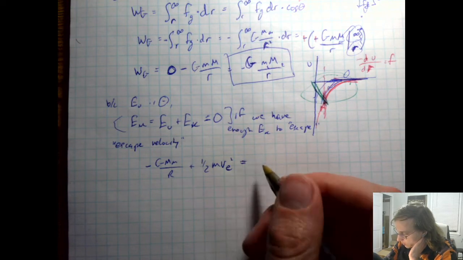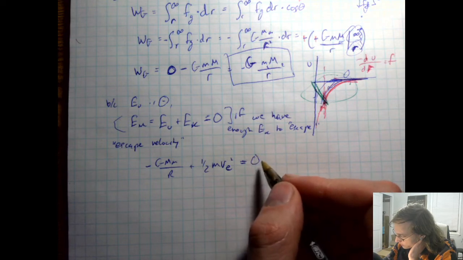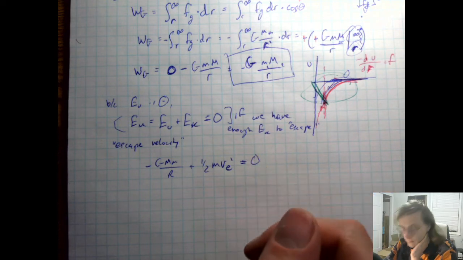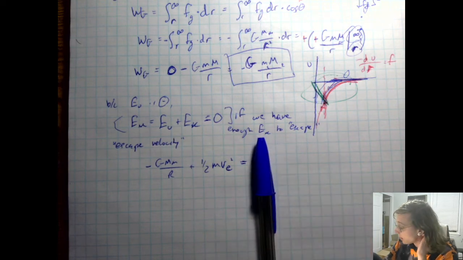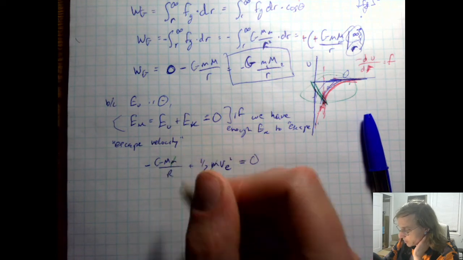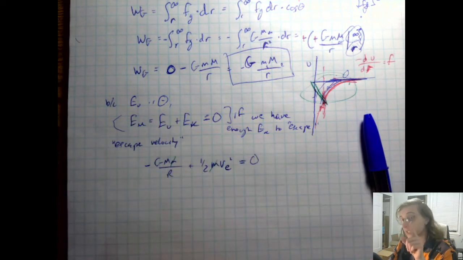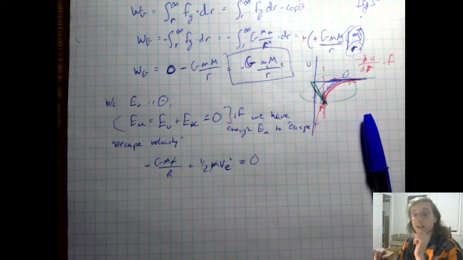That will need to equal 0. That's pretty much the entire process. There's mass in every term and it equals 0, so we can get rid of the mass of our object that's trying to escape. So weirdly enough, how fast you have to go in order to get out of Earth's clutches is completely independent of what your mass is.